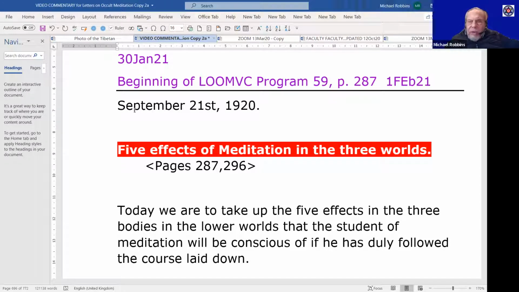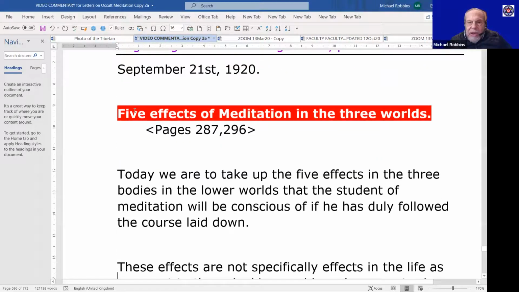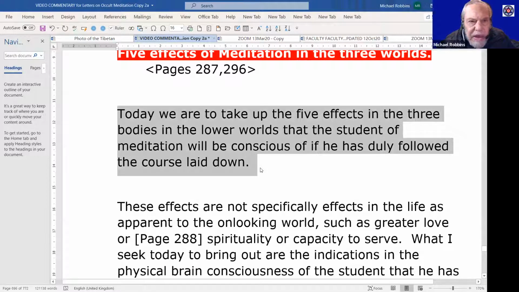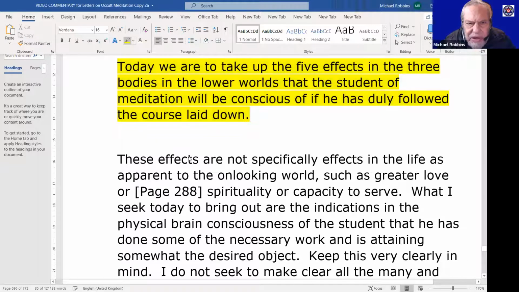So how does this all work out on the lower 18 subplanes, which are normally considered the 3 worlds, or from another perspective, the lower 21 subplanes are considered the 3 worlds. So in the 3 worlds the student of meditation will be conscious of, if he has duly followed the course laid down. And so there's no question here. We do have a course of study which has been presented to us.